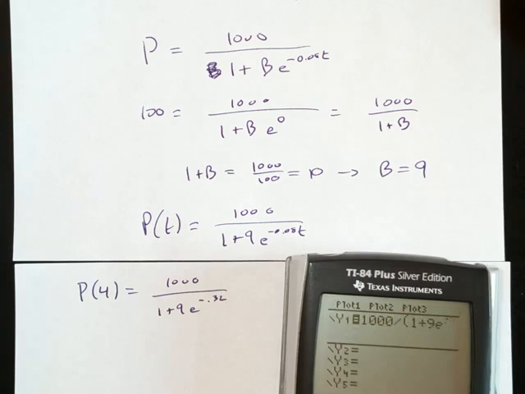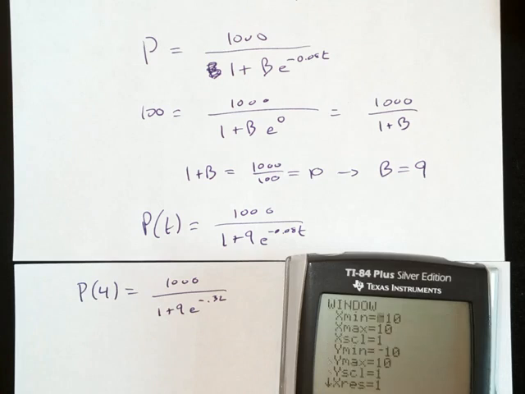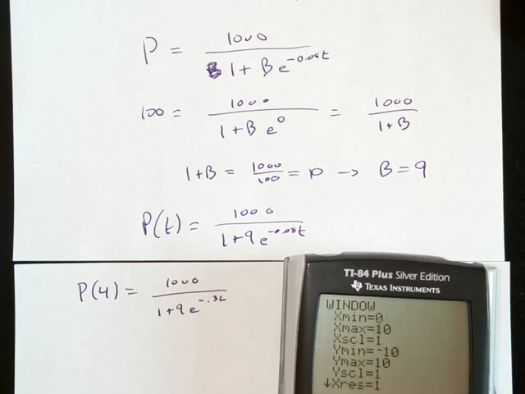So my window is going to go from 0 to, let's say, 25. I need to see y equals 1,000 as my upper limit because that's my carrying capacity. Minimum, maximum.